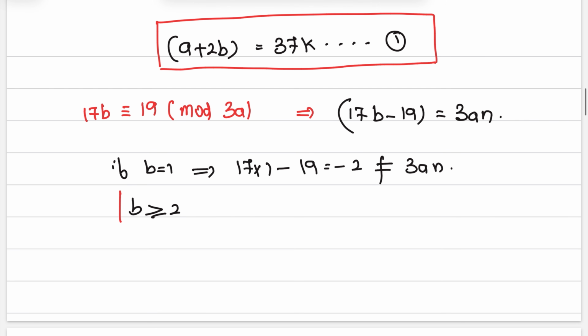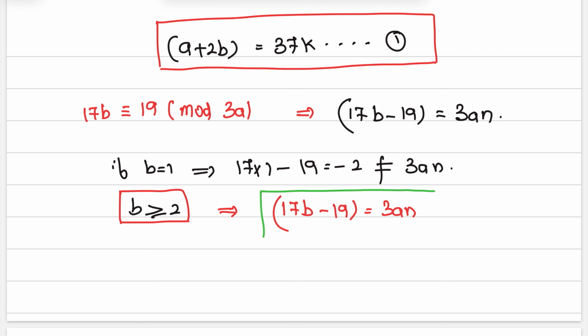One more condition, an inequality. Just see how we are developing the problem. Ultimately, what we are getting is that 17B minus 19 is equal to 3An with the condition that B is greater than or equal to 2.